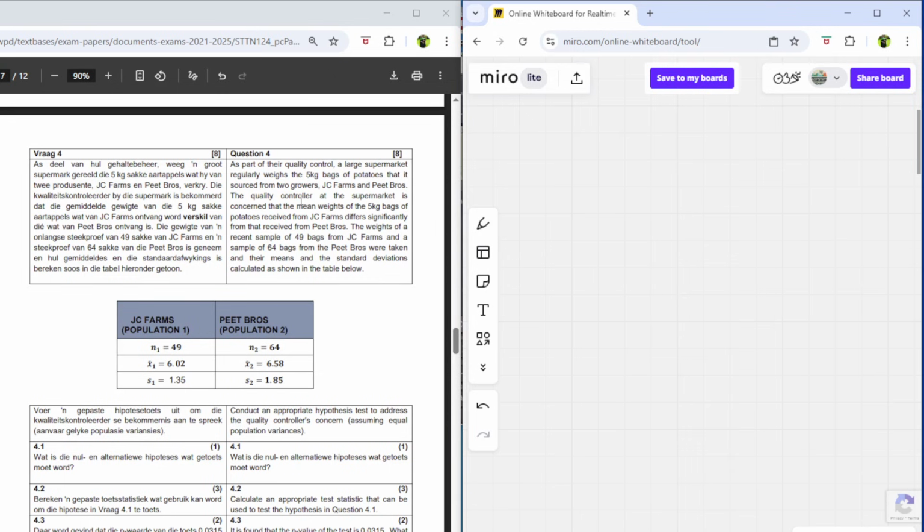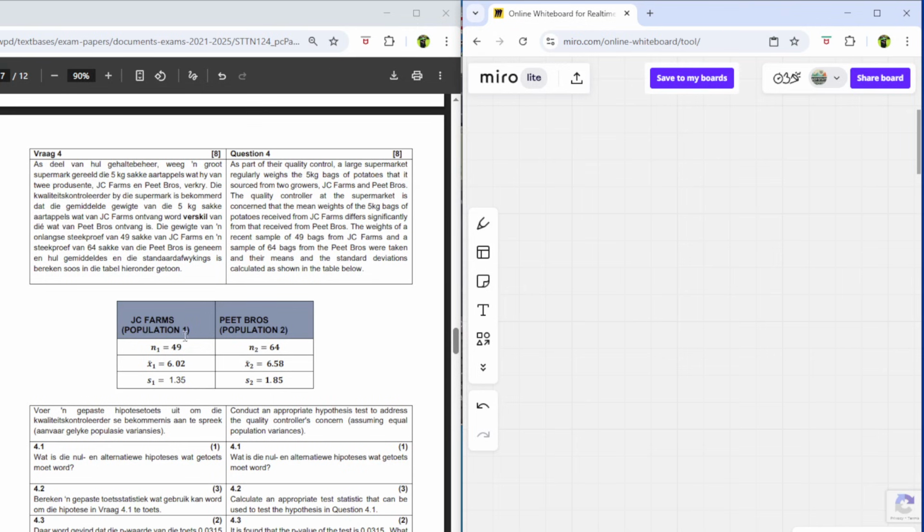The quality controller is concerned that the mean weight of the 5 kg bags from JC Farms differs significantly from that from Pete Bros. A sample of 49 bags from JC Farms and 64 bags from Pete Bros were taken, and their means and standard deviations calculated as shown in the table below.